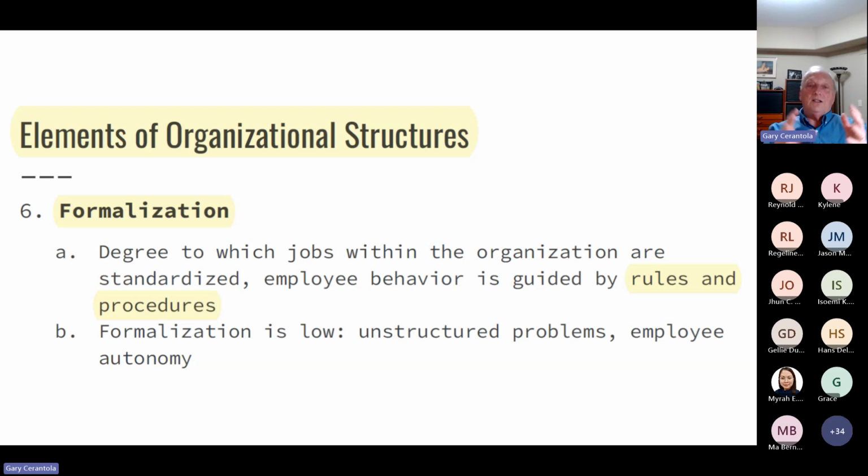So people need the autonomy to creatively think and creatively try different options to see what would work to optimize a process to manufacture something, or optimize a service that's a new service for clients, given artificial intelligence or something, right? So formalization depends as well. The more structure, the more formalization. The more unstructured the problem, the less formalization.